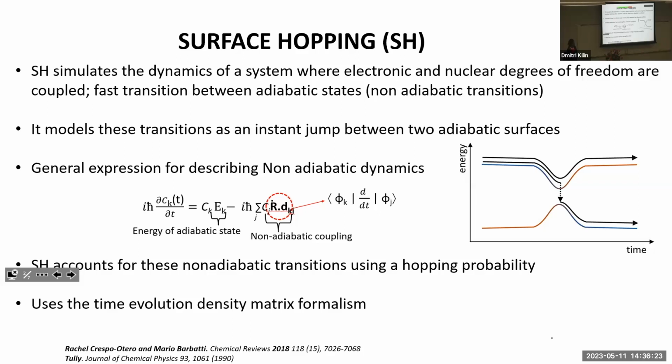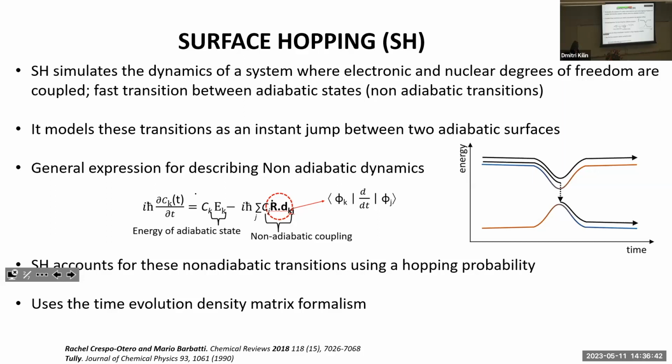So surface hopping models these non-adiabatic transitions as an instant jump between two adiabatic surfaces, like I'm showing in the diagram. And the general expression for describing this non-adiabatic dynamics is this expression I'm showing here.